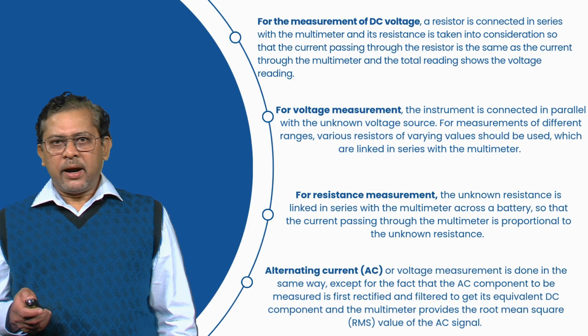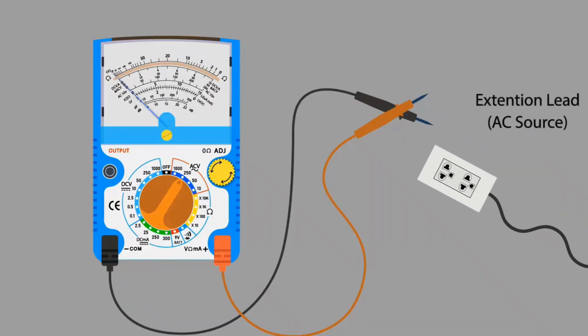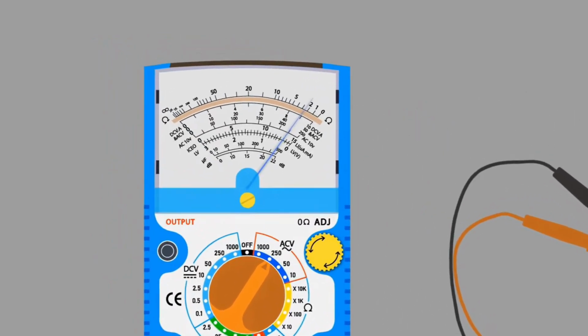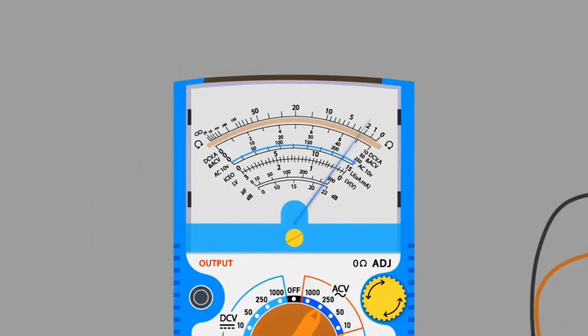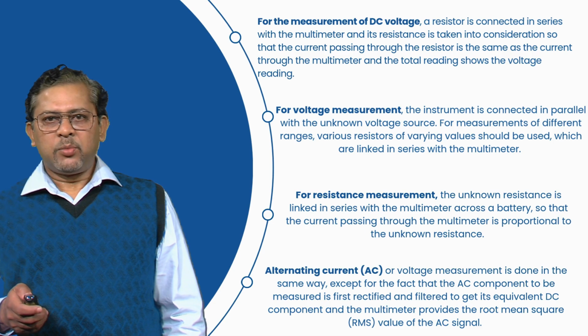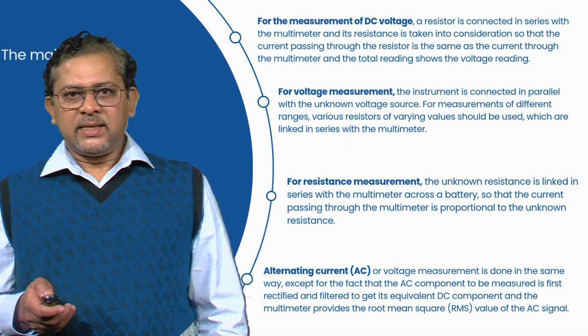Similarly, alternating current, which is abbreviated as AC, or voltage measurement is done in the same way, except for the fact that the AC component to be measured is first rectified and then filtered to get its equivalent DC component, and the multimeter provides the root mean square, known as the RMS value, of the AC signal.